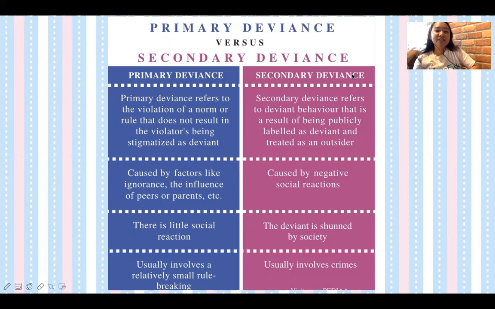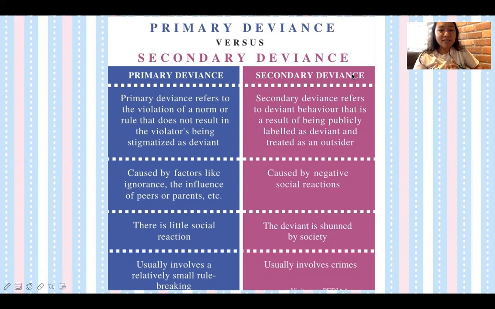Primary deviance refers to the violation of a norm or a rule that does not result in the violators being stigmatized as deviant, while for secondary deviance, you are being stigmatized or publicly labeled as deviant and treated as an outsider. So we can connect that secondary deviance is actually a concept in subjectivist or the label-based approach.